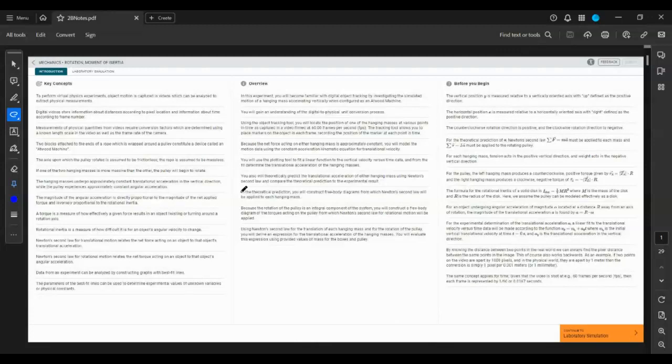to look at. Here, again, key information and some formulas to begin. So we have a definition for torque. Newton's second law is repeated again, and some information about moment of inertia for the disk for the pulley.